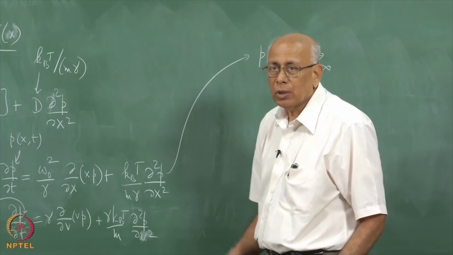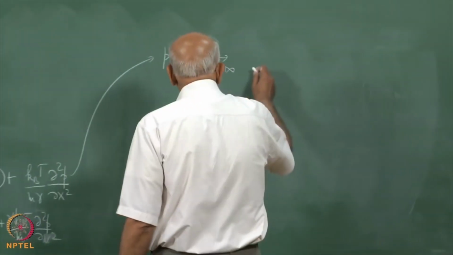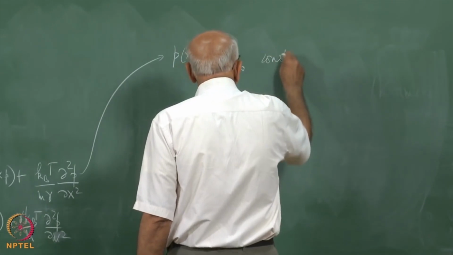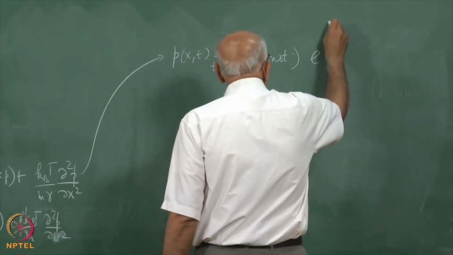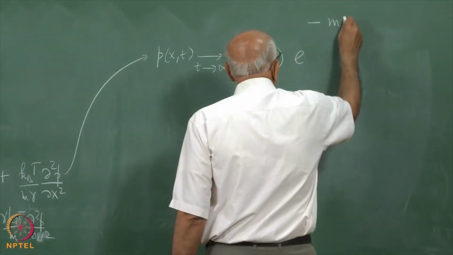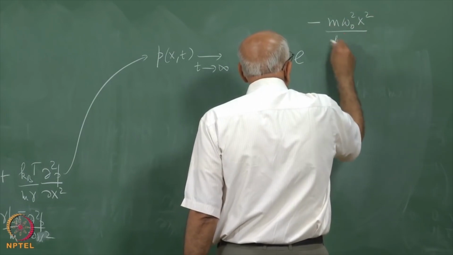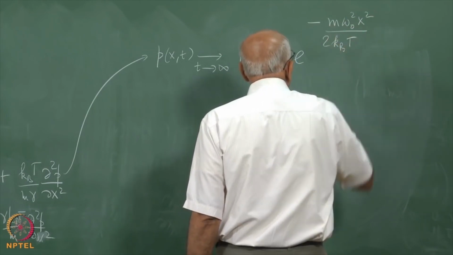So, what kind of solution do you get? It is a Gaussian, and what would that Gaussian be? Constant times e to the power minus m omega naught squared x squared over twice k Boltzmann T.